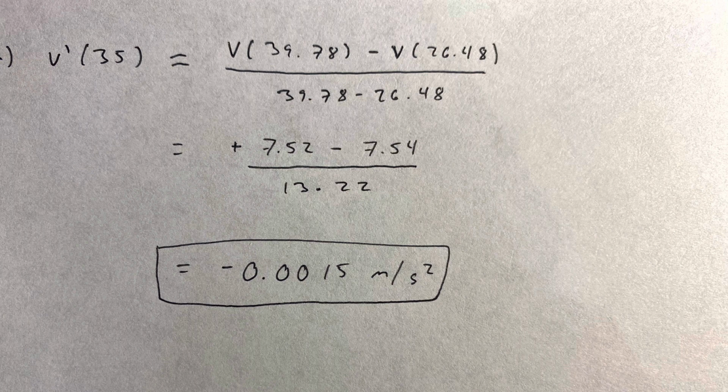So that would be v of 39.78 minus v of 26.48 over 39.78 minus 26.48. And that would give me 7.52 minus 7.54 over 13.22. The 7.52 minus 7.54 would equal negative 0.02, and divided by 13.22, that would give me negative 0.0015 meters per second squared.